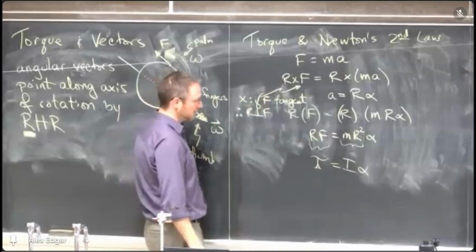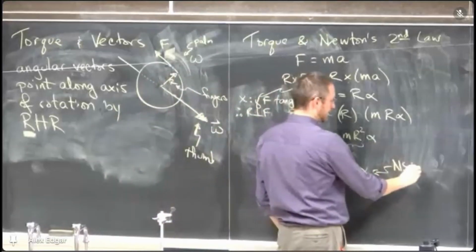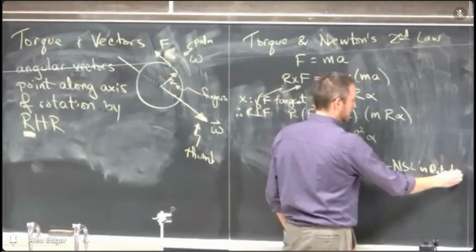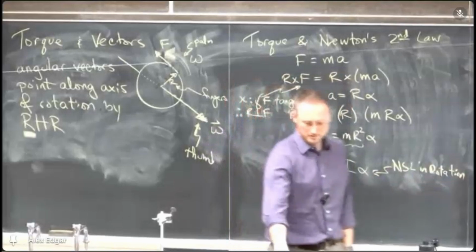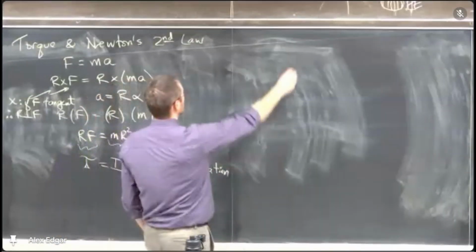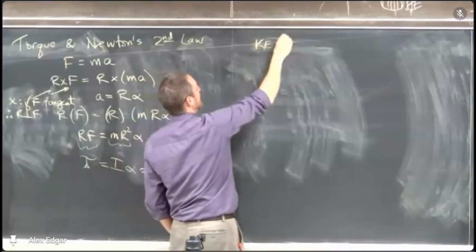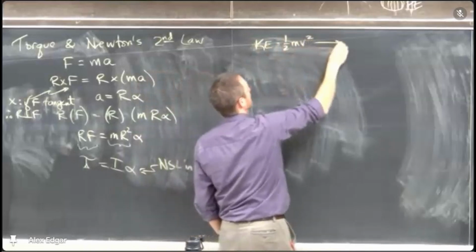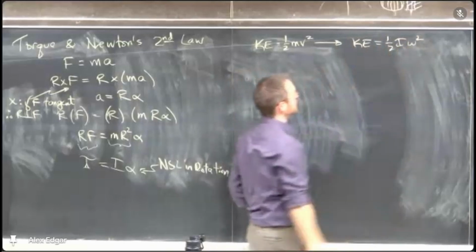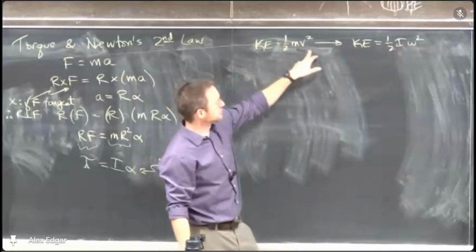All right, so this is Newton's second law in rotation. Let's move this over a little bit. There we go. So we had K equals 1/2 mv squared. That then got turned into KE equals 1/2 I omega squared. What you should notice is that mass turns into rotational inertia, and linear speed turns into angular speed.